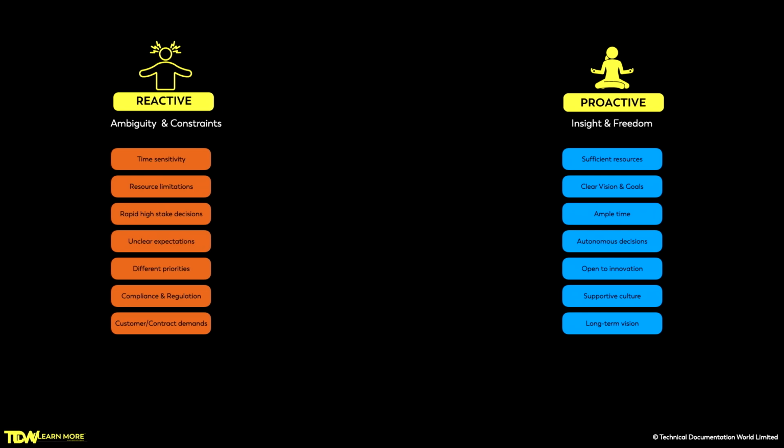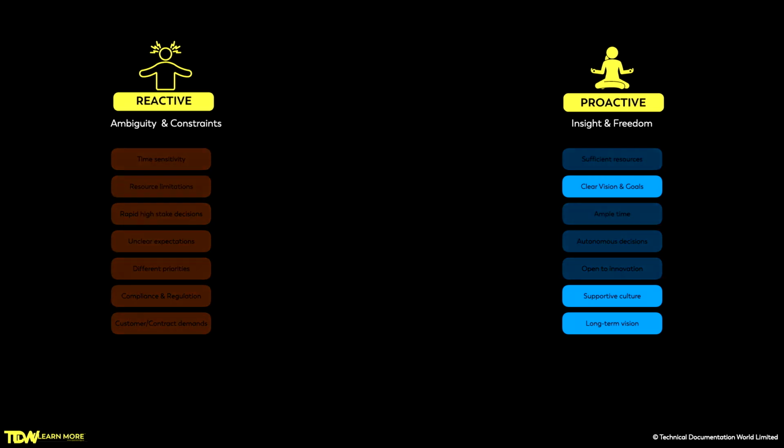You can pause the video here and read all of the stuff that I've put underneath. But the ones that I really want to look at here are things like a clear vision and goals of what we're trying to achieve, a supportive culture, and a long-term vision of what it is that we want to achieve.